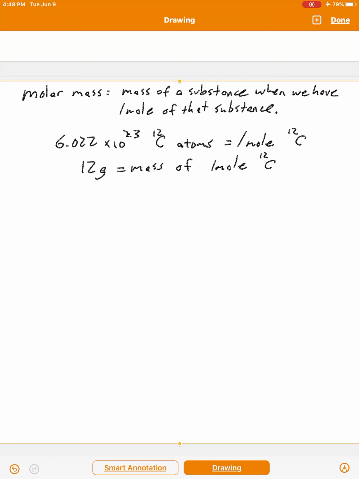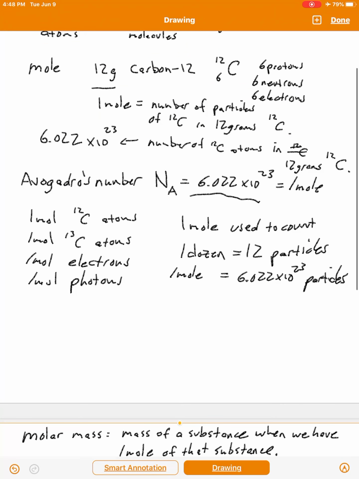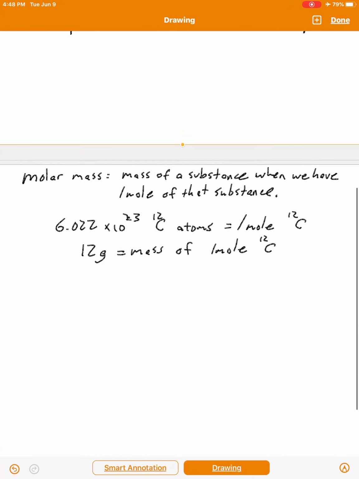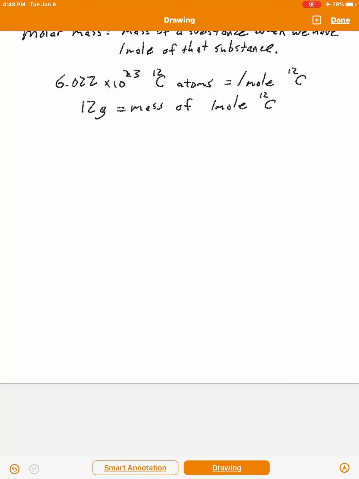Okay. Now, it's probably not possible to have a mole of carbon-12 without any impurities, but imagine that you did, and you said, how much does it weigh? Well, by definition, we're saying it weighs 12 grams. We said that earlier, right? We define the mole that way. If you have 12 grams of carbon-12, we're going to define that as a mole, which is Avogadro's number here. Okay? So it's all sort of a circular argument in a sense. But essentially, it works for us.